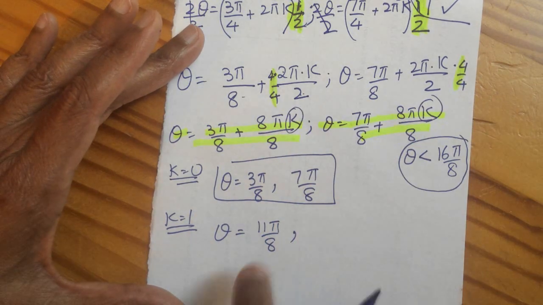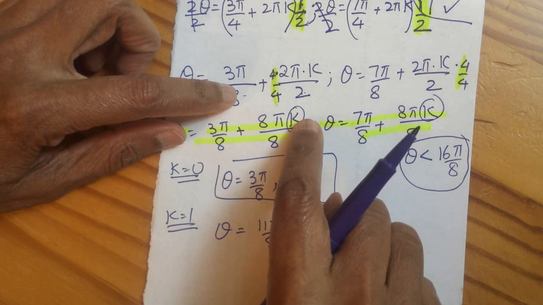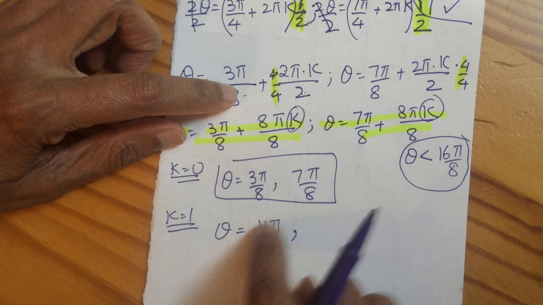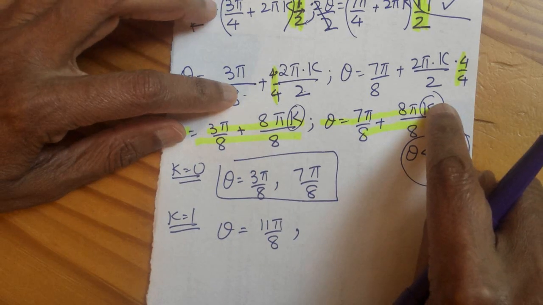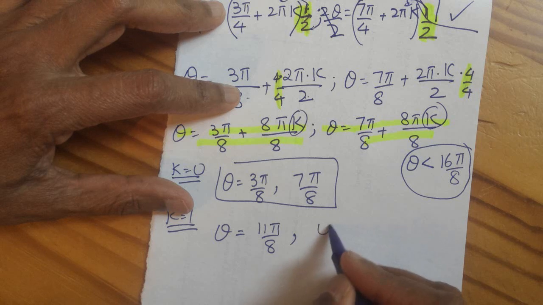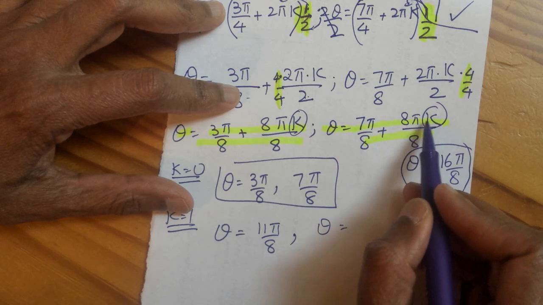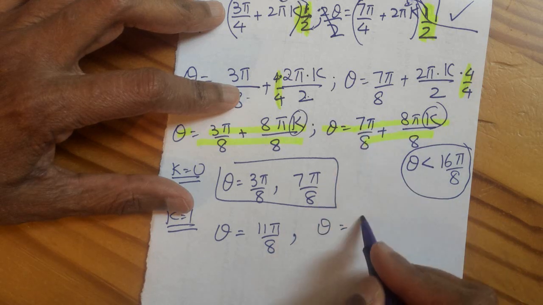I did k equals 0, now I have to do k equals 1. So when k equals 1, 8 times 1 is 8, 8 plus 3 is 11. And for the other one, 8 times 1 is 8, 8 plus 7 is 15 pi. Sorry, what am I saying? This becomes 8 pi plus 7 pi is 15 pi.